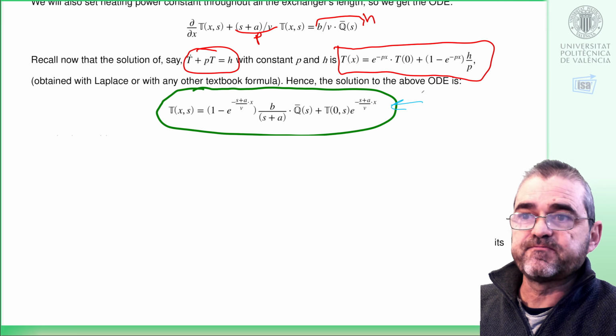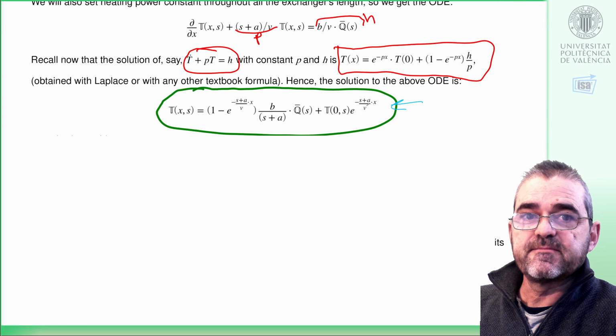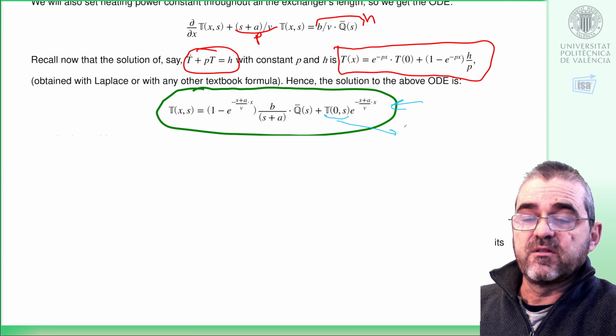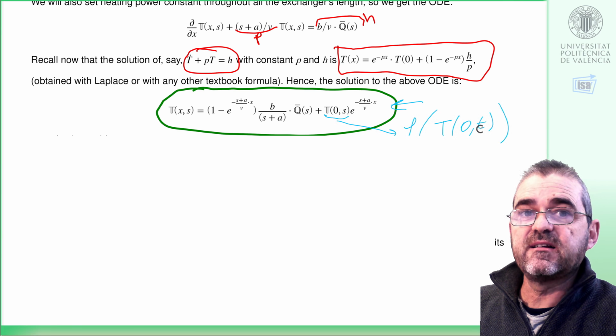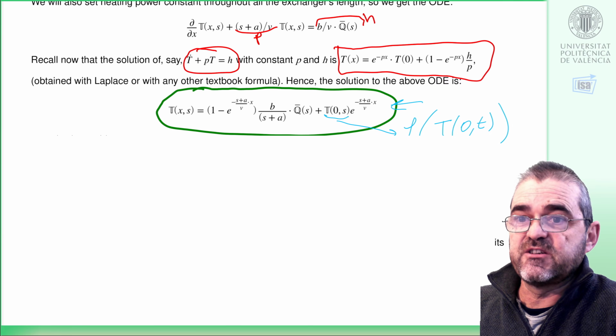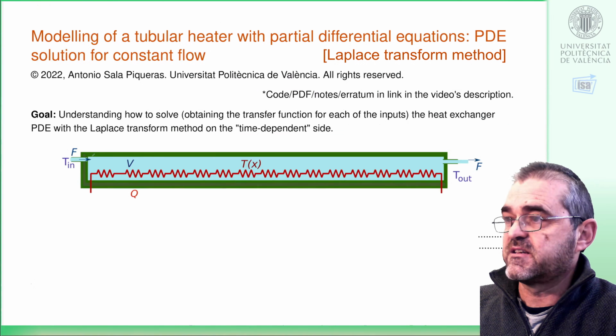So this is finally the form we are searching, and we have almost finished, because this is actually the Laplace transform of the time profile of the temperature at position 0, which by definition is the left side of my heat exchanger.